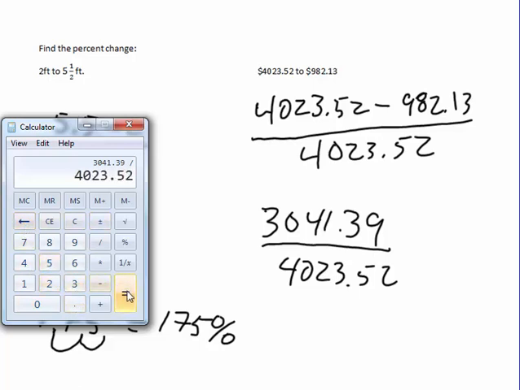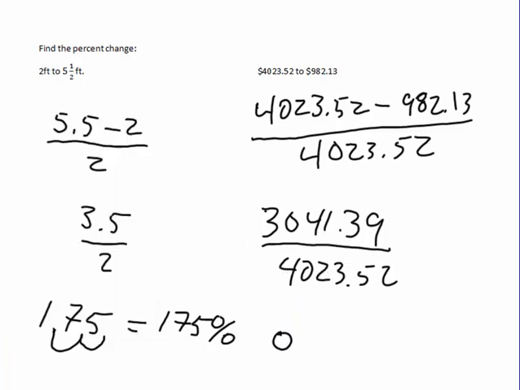What do we get? Oh, that's a big number there, isn't it? 0.7559. Okay, let's write that down: 0.7559. Now notice I stopped after 4 decimals there.